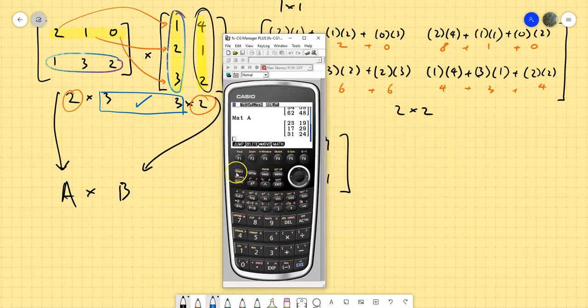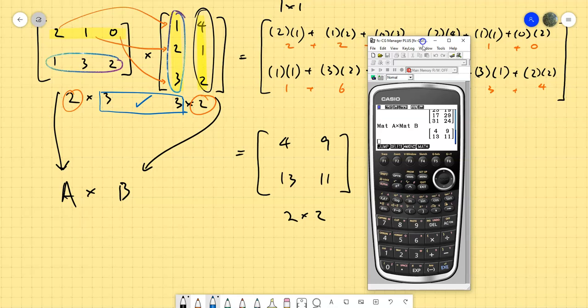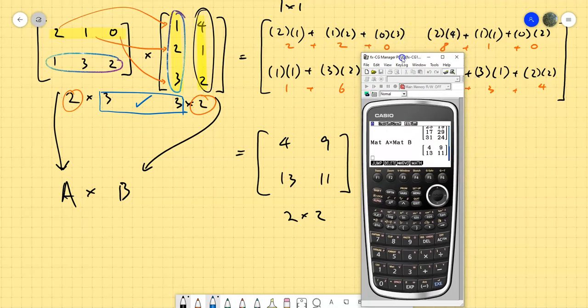Easy, we're going to do shift number 2 for matrix, because to do a matrix operation, you've got to tell it that this is a matrix. Then we hit alpha A times matrix, again, shift number 2, alpha B. Execute: 4, 9, 13, 11. So that's the answer there. It's the same one as we had before.